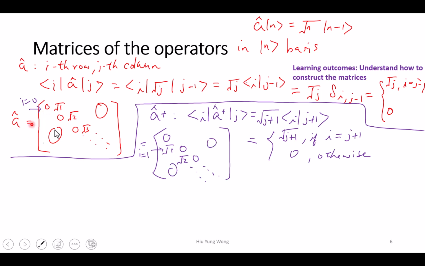So for the lowering operator, you have this shift to the top right. For the raising operator, you have the shift to the bottom left. So this means 0, 0, 0, 0, 0, square root 1, 0, 0, 0, 0, 0, square root 2, 0, 0, 0, 0, like this.